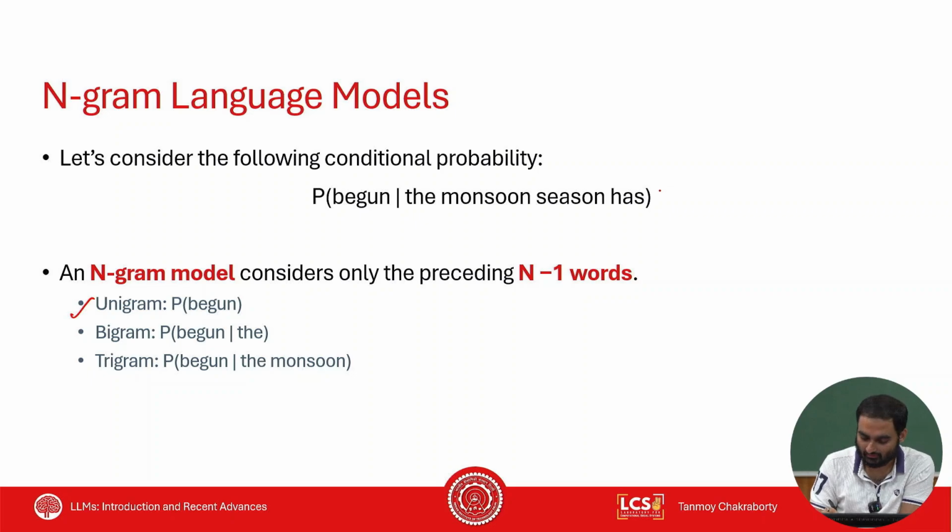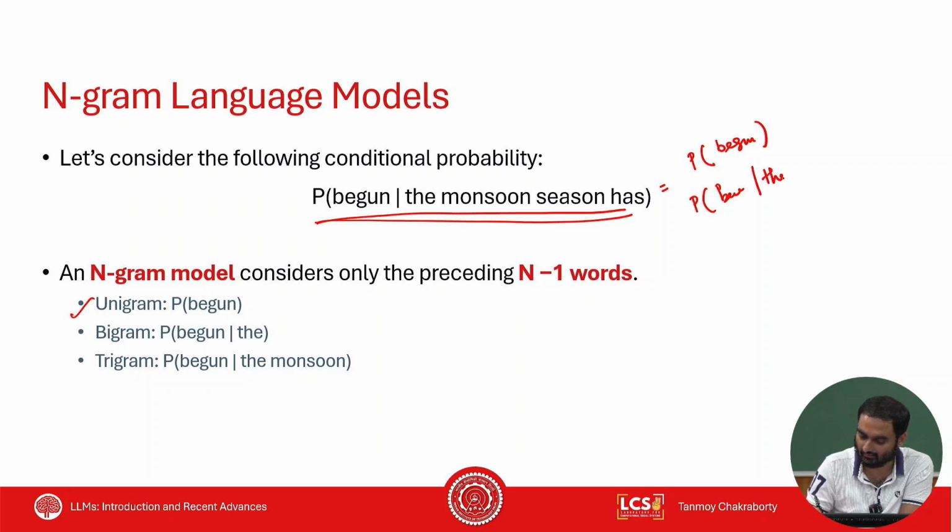Okay, so if you measure these conditional probabilities, in case of unigram, this is equivalent to P of begun, right? In case of bigram, this is equivalent to P of begun given has. If it is trigram, this is begun given season has, right? And so on and so forth.